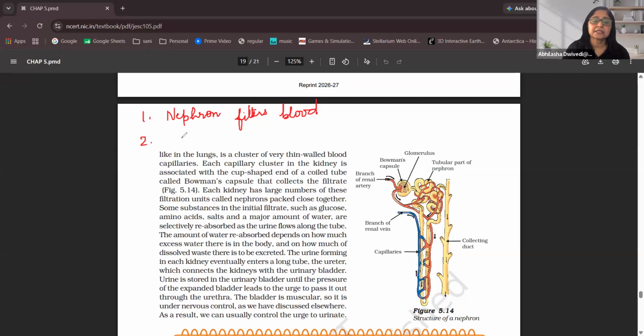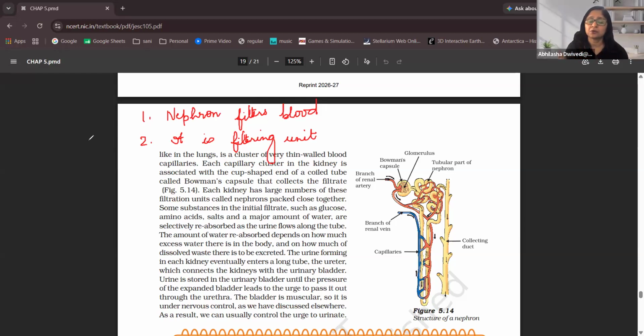Second thing is it is a filtering unit. And interestingly, there are 1 million nephrons in each kidney.